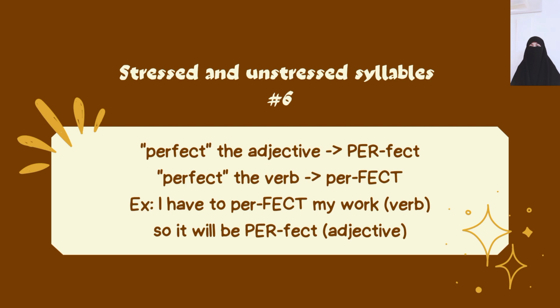Some words look the same, but one form might be a noun or an adjective, and the other form is a verb, and the stress changes accordingly. Perfect. The adjective perfect. When we change that to a verb, the stress changes to the second syllable. Perfect. For example, I have to perfect my work, so it will be perfect.